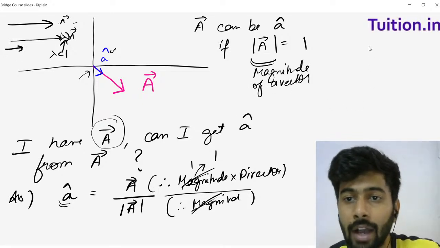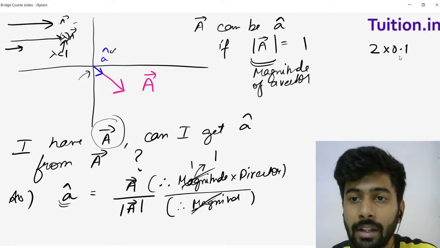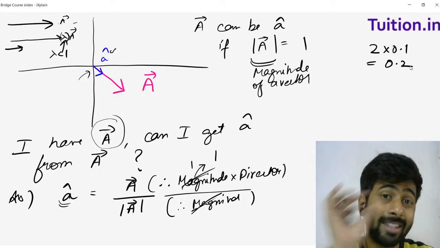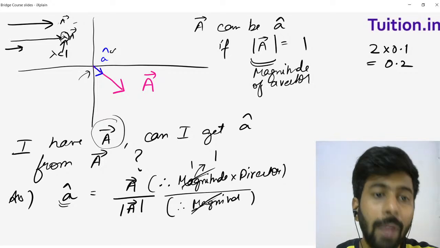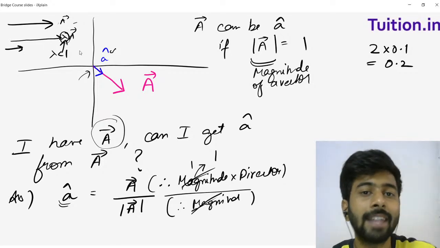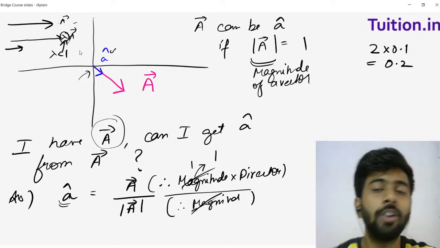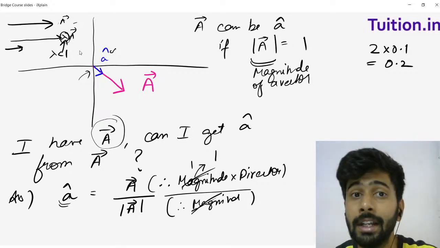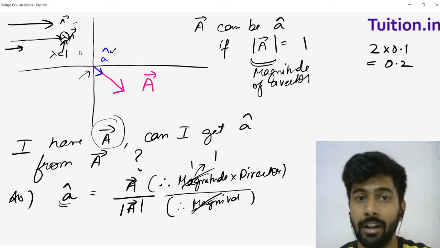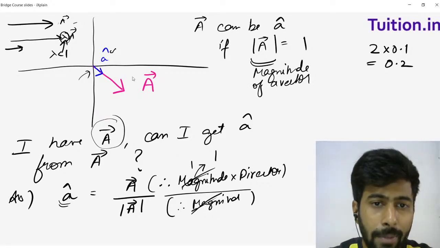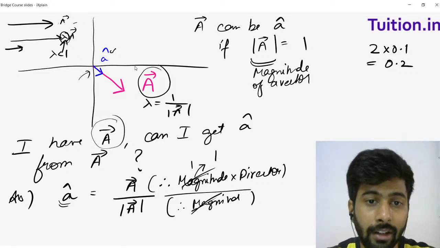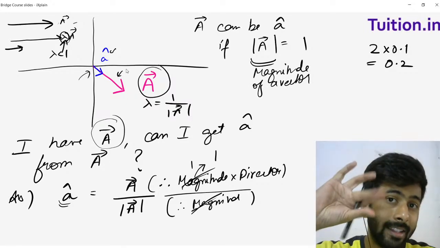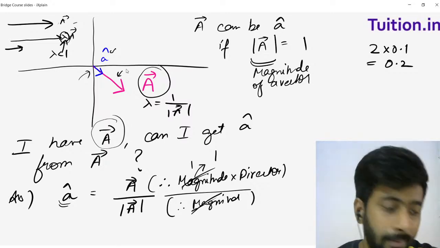It's something like you have a magnitude of 2, and if you multiply that with 0.1, then your magnitude will become 0.2, lesser than 2. I'm multiplying it with a scalar and resizing it, but that scalar is less than 1. So you can also think of it as division, but you're not really dividing; you are multiplying with something less than 1. So if you multiply this pink a bar with a lambda such that lambda is 1 by the magnitude of this vector, then this pink vector will get resized to the blue vector.